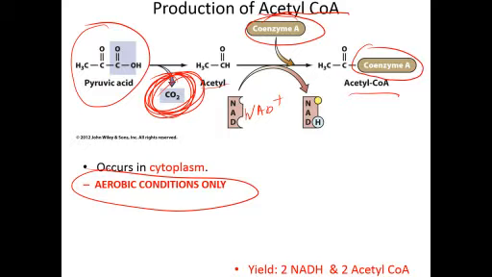Later on we'll talk about how pyruvate, in the presence of oxygen, enters this pathway. But when there's no oxygen present, what happens to the pyruvate? We'll talk about fermentation later on.